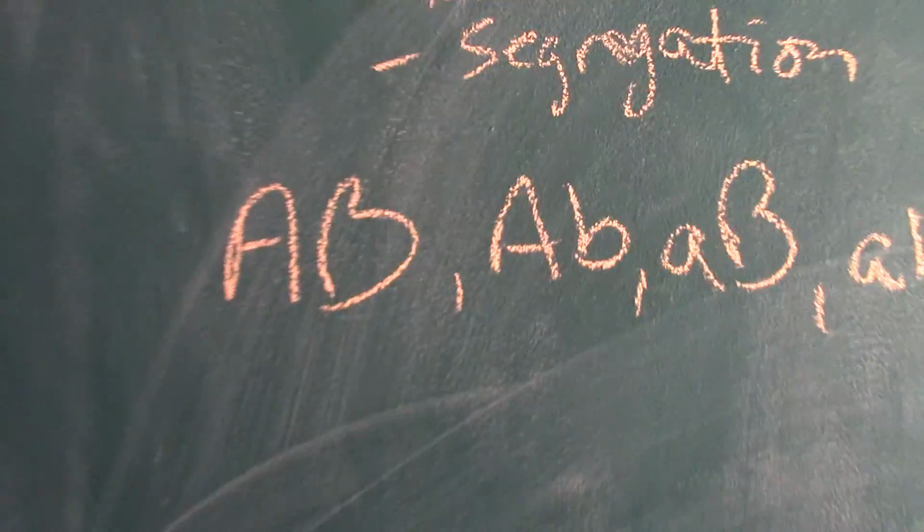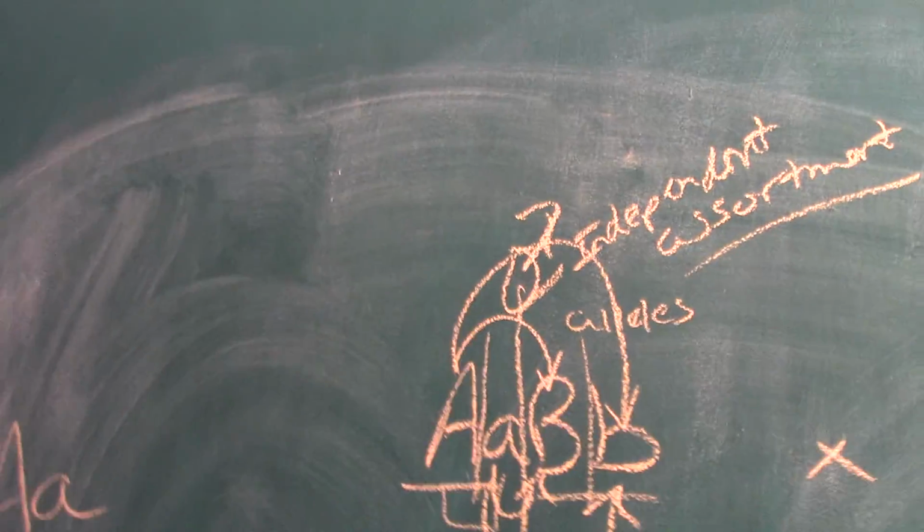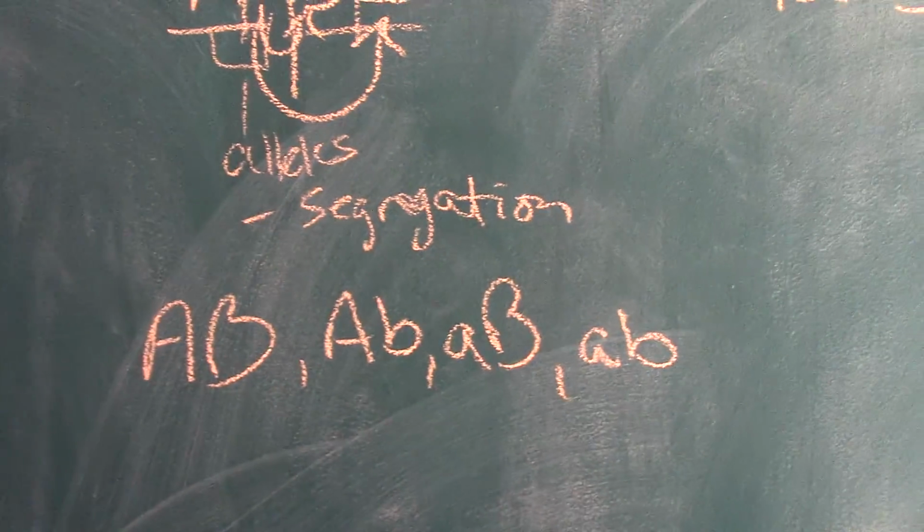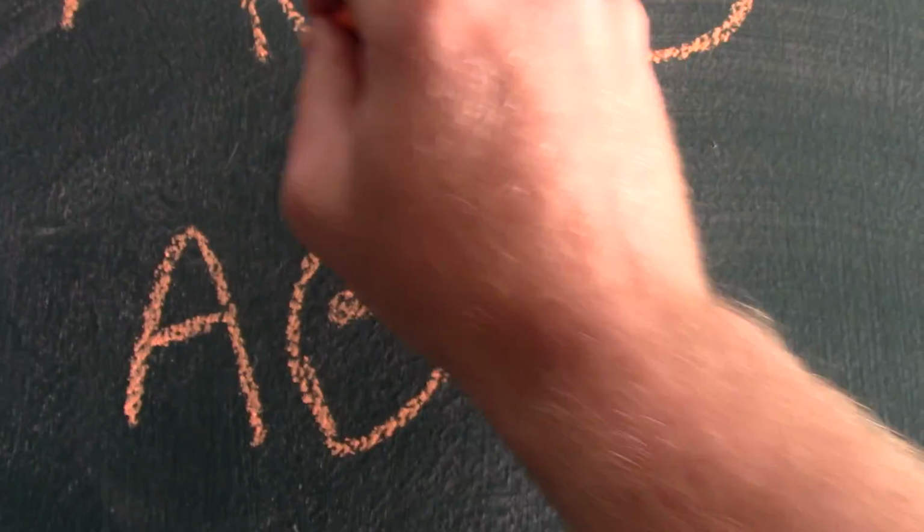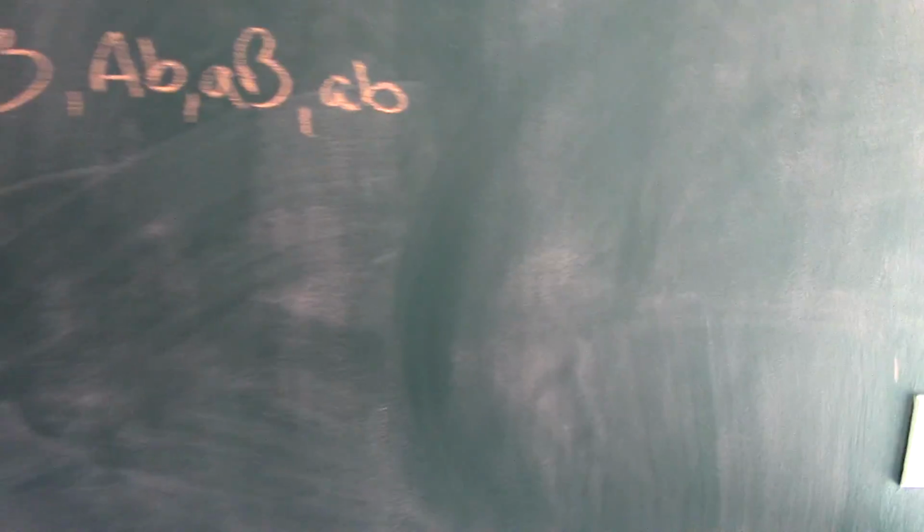So that is the gamete pair that you'll make with this individual. And then you do the same thing here. There's your first gamete, your second gamete pair, your third gamete pair, and your fourth gamete pair. Okay, so this is how we're going to make this Punnett square.